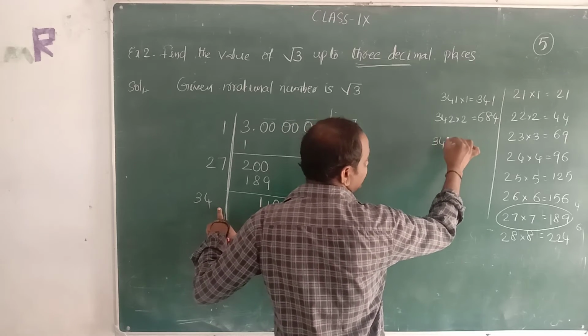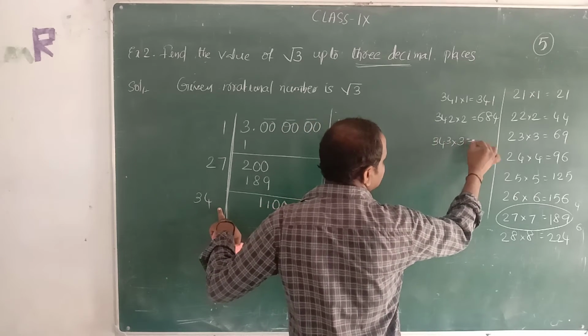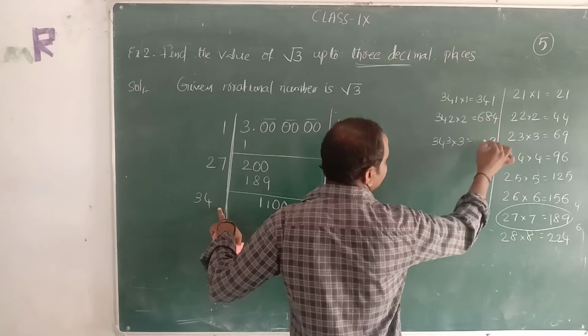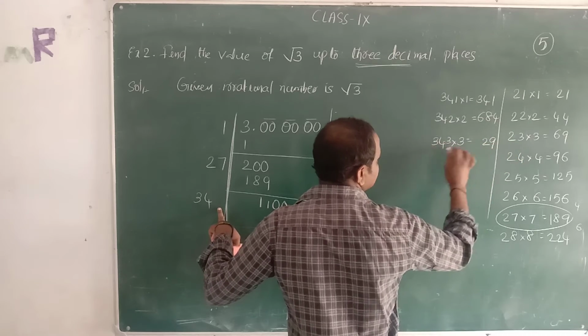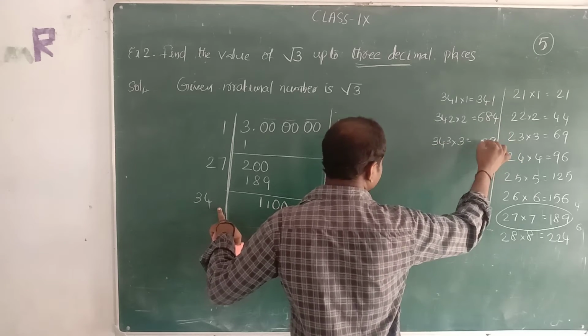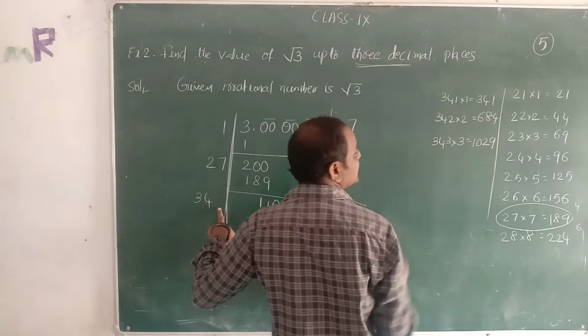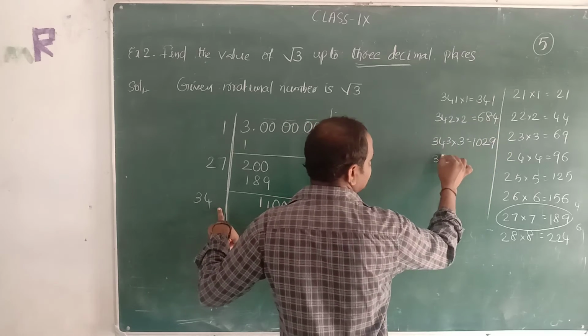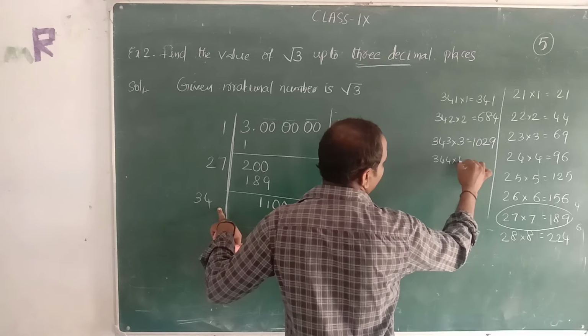Next 343, 3 times: 3 threes are 9, 3 fours are 12, 3 threes are 9 plus 1 is 10, so 1029.